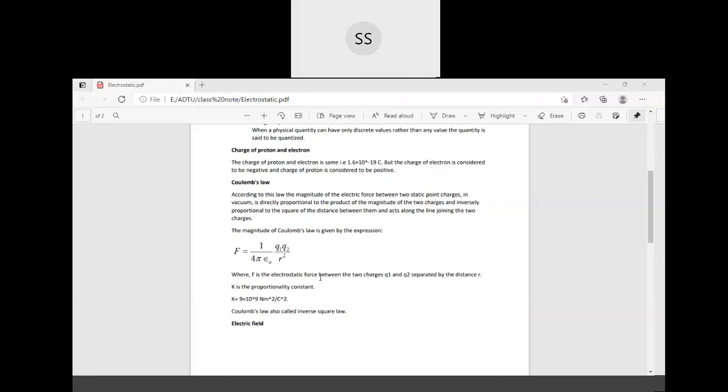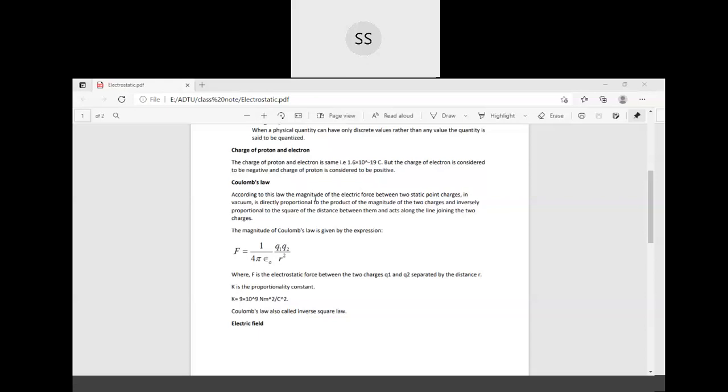According to this law, the magnitude of electric force between two static point charges in vacuum is directly proportional to the product of the magnitude of the two charges. First of all, the force of attraction or repulsion between two electric charges is directly proportional to the product of the two charges.